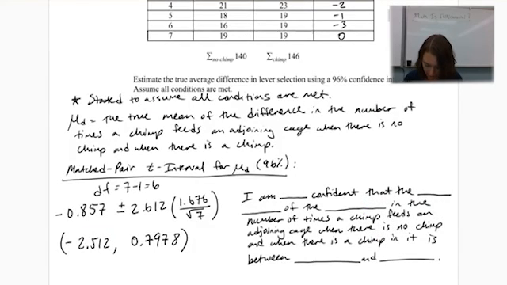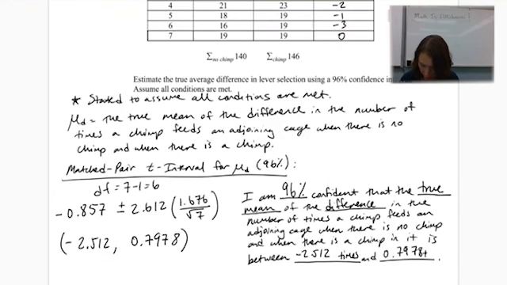Now I am 96% confident that the true mean of the difference in the number of times a chimp feeds an adjoining cage when there is no chimp and when there is a chimp in it is between -2.512 times and 0.7978 times.